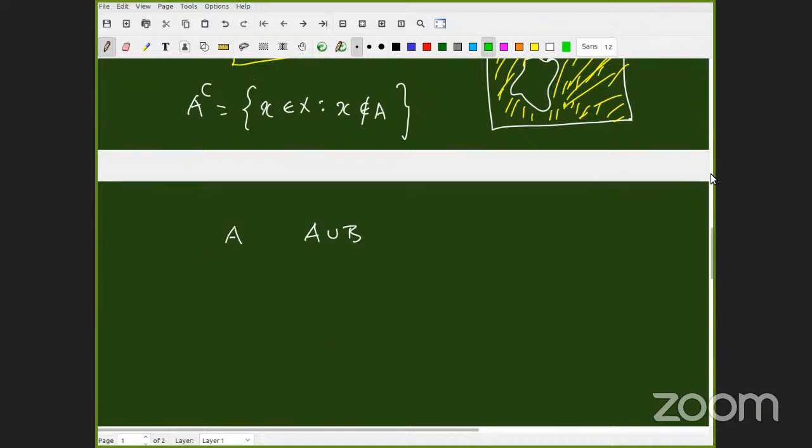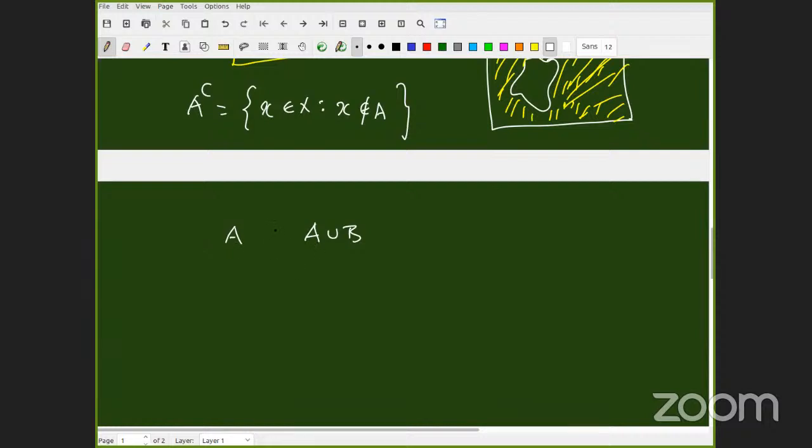Somebody from R2, Yojana. So the element of A is also present in A union B. Therefore, what is the connection? We have a standard relation for that. Every element of A is in A union B. That's what you want to say.